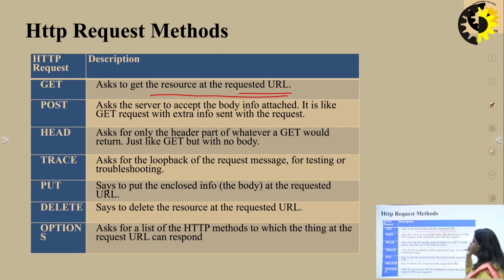In the case of the post method, it asks the server to accept the body info attached. It is like a get request of a different type, and finally it manages the life cycle, ensuring that the servlet is loaded through different phases: initialize, execute, and finally destroy methods. And in the case of head, it asks for only the header part.